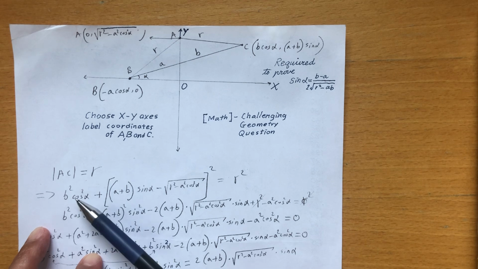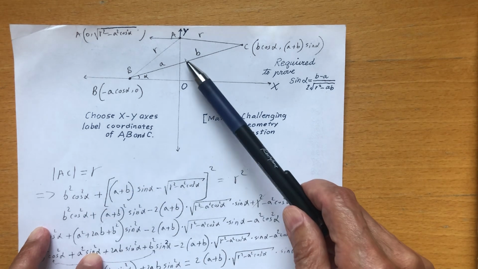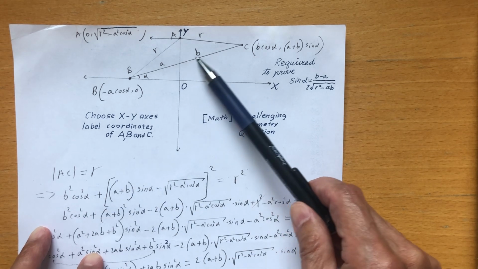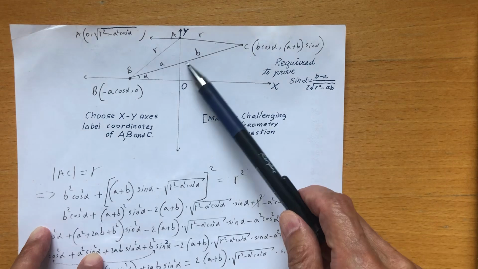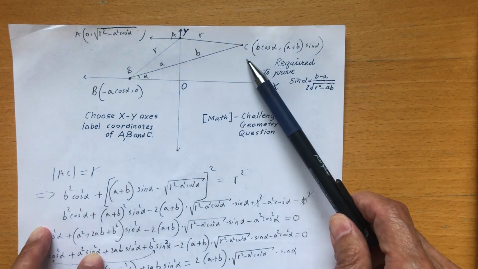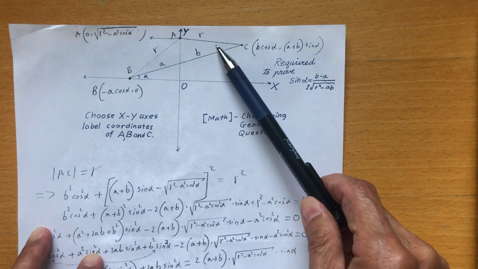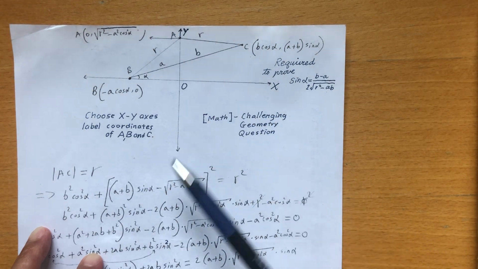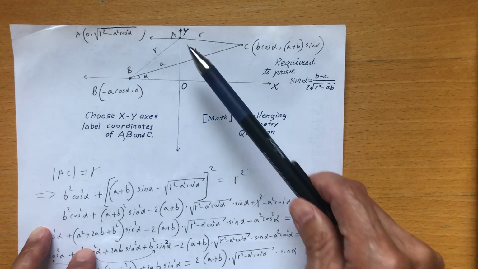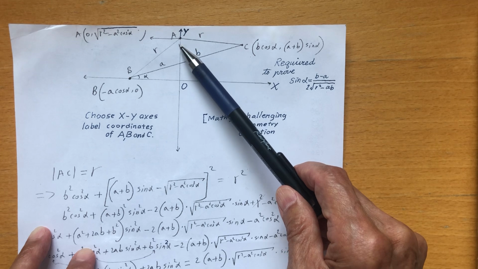B cosine alpha is this side, which is the same as this side. So we are using a right triangle, which is this.